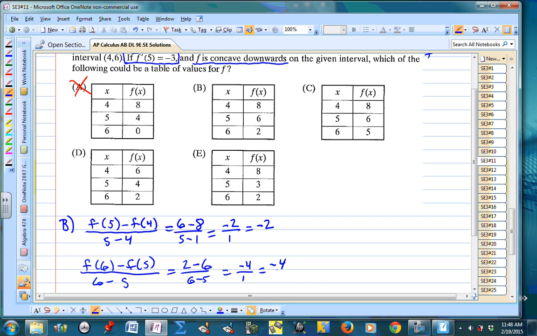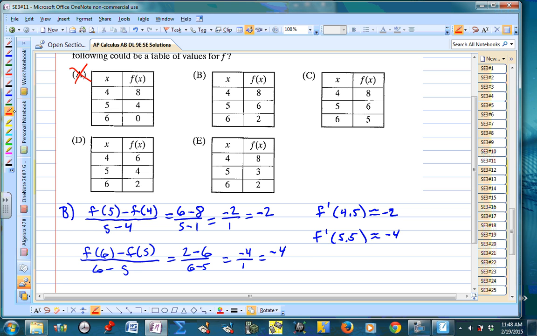And now let's go find the second derivative. In other words, f prime of 4.5 is approximately negative 2, and f prime of 5.5 is approximately negative 4. So we can say that f prime prime of 5 is going to be approximately this difference quotient.